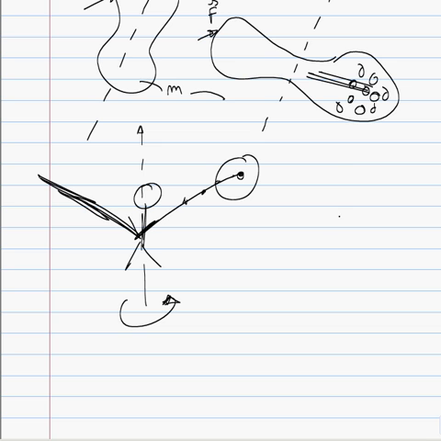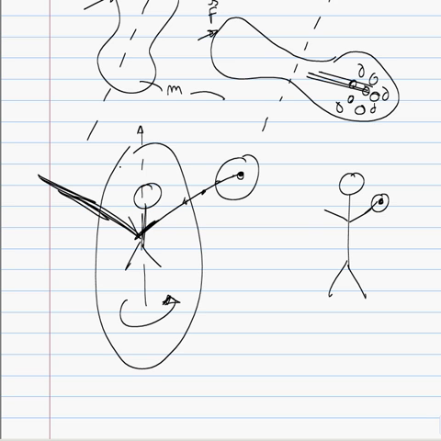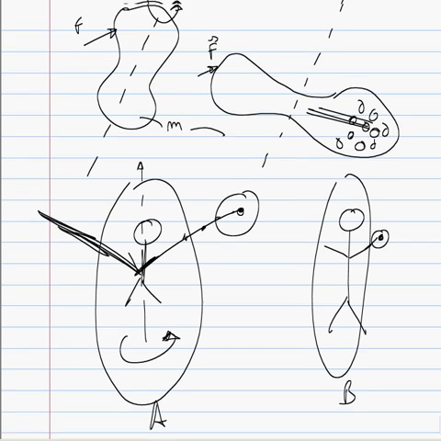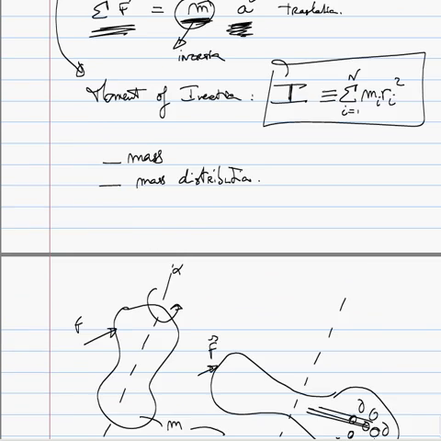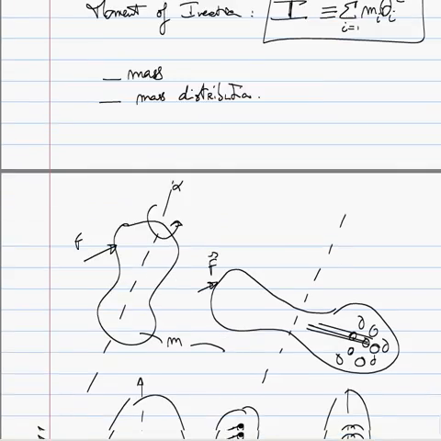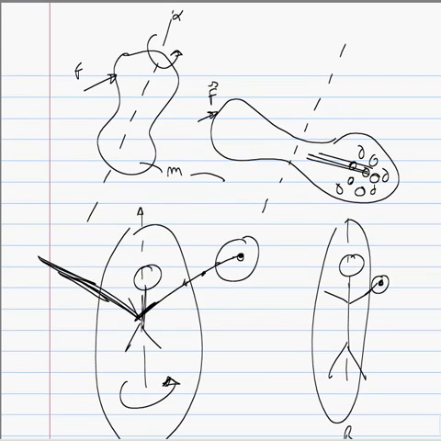Now, if you have an ice skater with, say, small arms, and you apply the same force, since the moment of inertia in the second ice skater B is smaller than ice skater A because the distribution of the mass is much closer to the axis of rotation, or the r is much smaller, then obviously the angular acceleration of this particular person would be much bigger.